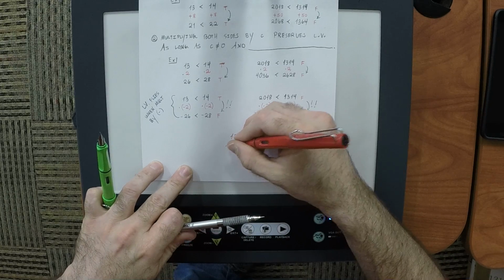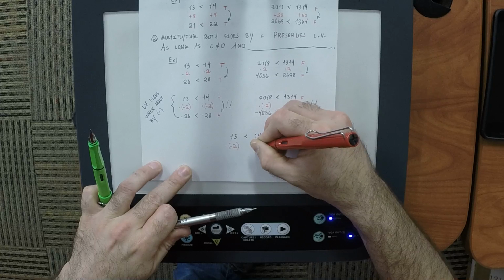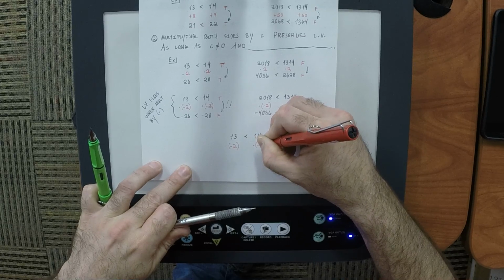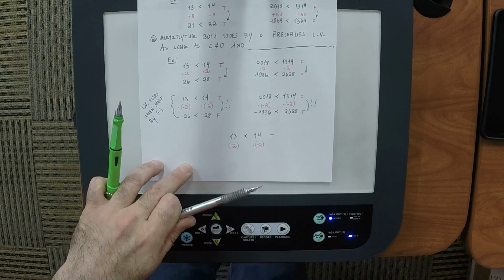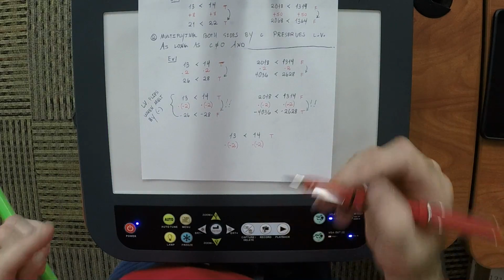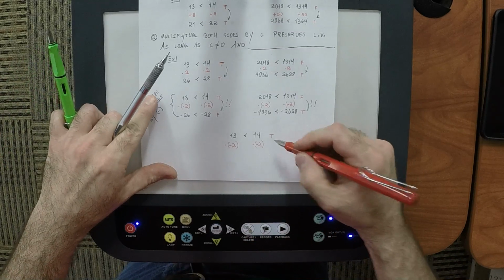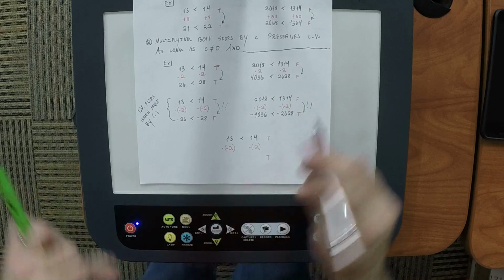If you want to multiply or divide by a negative number, and you want the resulting logical value to be the same as it was before, so it's true now and we want it to be true in the end, then you still carry out the arithmetic.